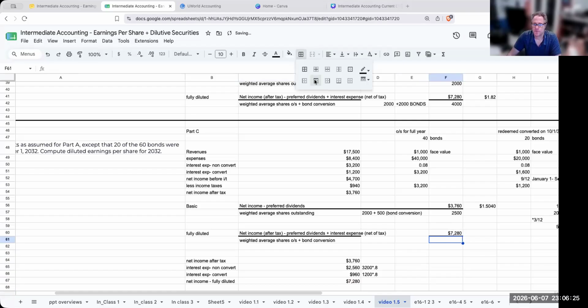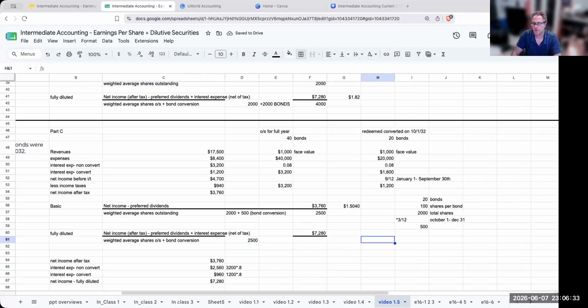Now, in terms of my weighted average shares outstanding, it's going to be the 2,500. But then what I have to go through and do is say, well, I have 40 bonds, right? So you have these 40 bonds that would have been converted for the full year at 100 shares per bond. So we have 20 bonds at 100.